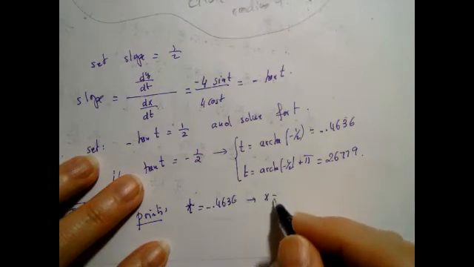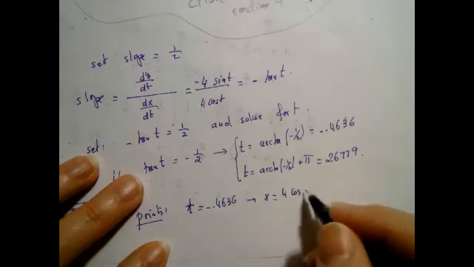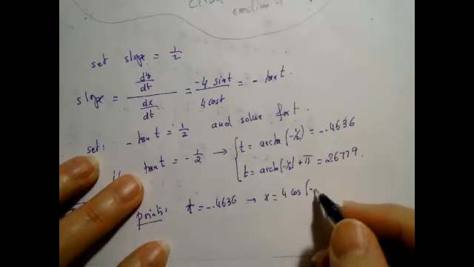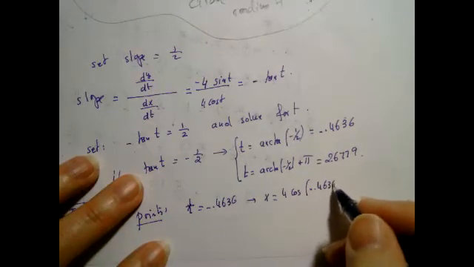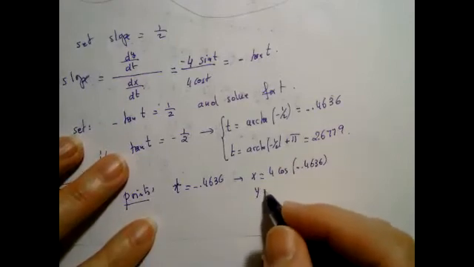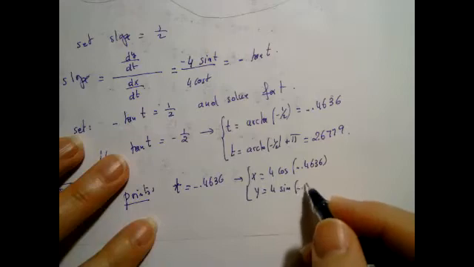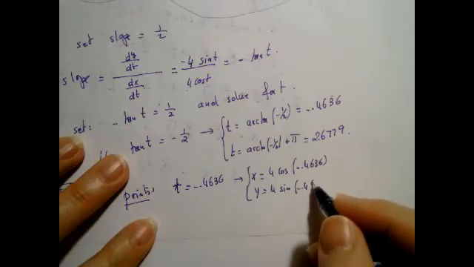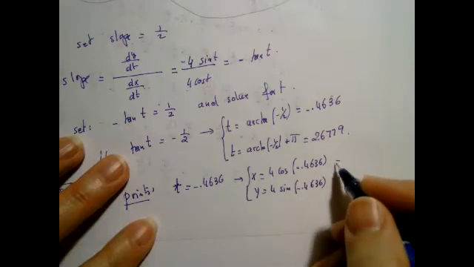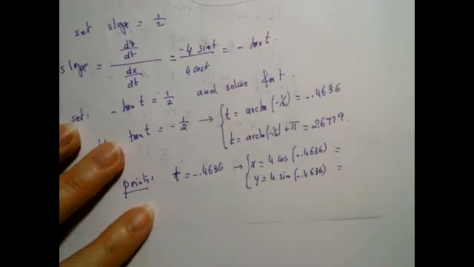The x would be 4 cosine of this number, which is going to be negative, and the y will be 4 sine of this number. Then you evaluate the x and the y.